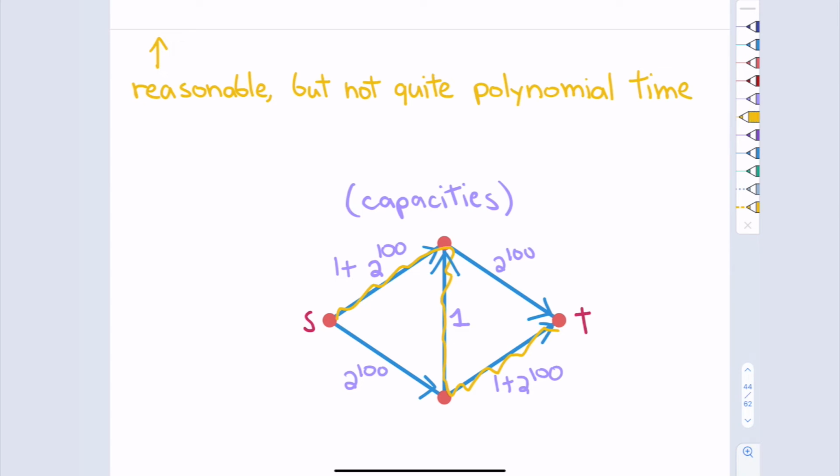And then I would send 1 more unit of flow, like this. If we're not clever about how we choose our paths, I'm only sending 1 unit of flow each time and gradually updating the capacities. And in this case, we'll need 2 to the 100 iterations. So these bottleneck edges can be an issue. But the general algorithmic framework makes sense. Let's find a path and send as much flow as possible.